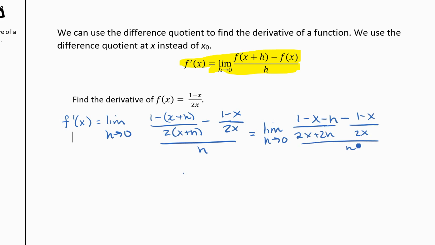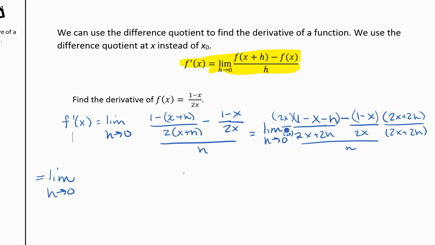Now, to combine these rational functions, we need to do a common denominator. So we're going to have to multiply this first one by 2x over 2x. We're going to have to multiply this one by 2x plus 2h. Okay, so remember, always write that limit.